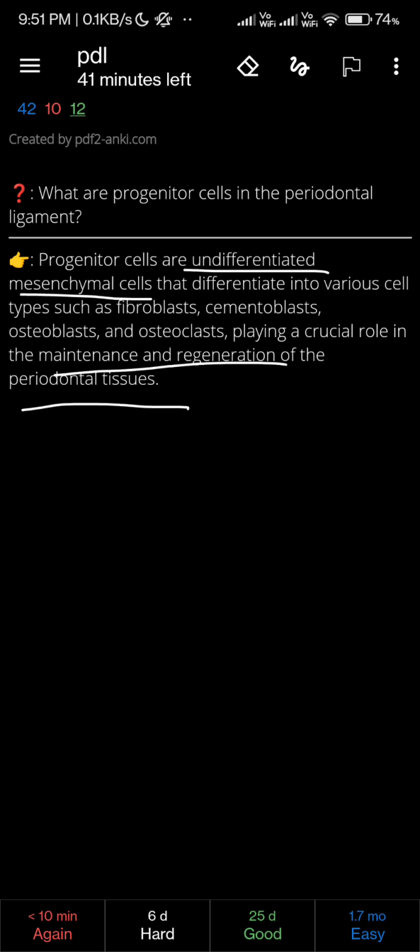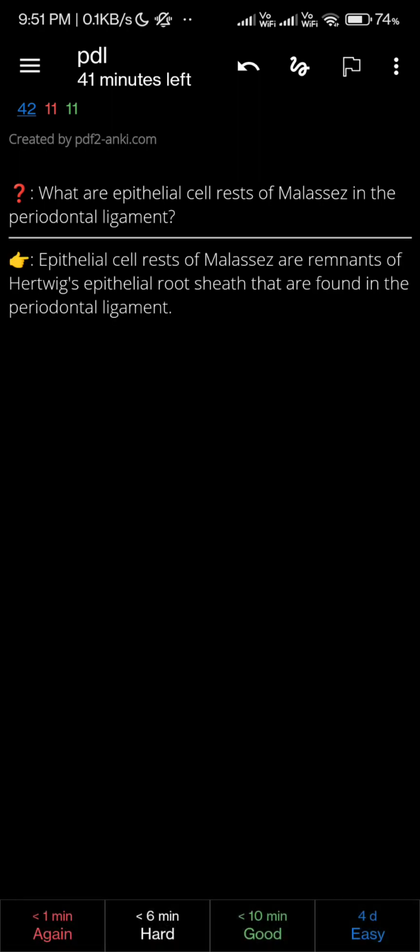Progenitor cells are undifferentiated cells that have the ability to differentiate into all those cell types, and help in the maintenance and regeneration of the periodontal tissue.